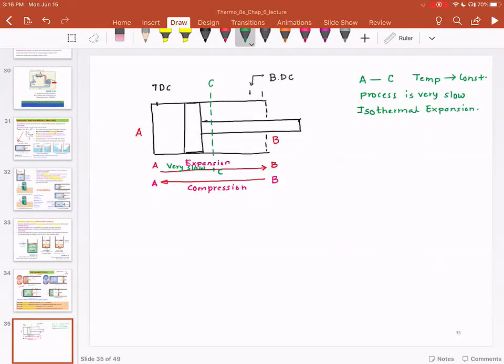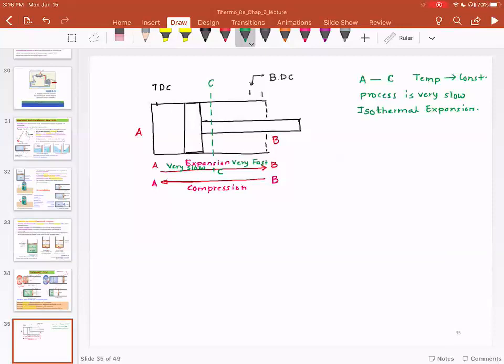Now, from point C to point B, the process takes place very fast. And this is a weak assumption, but still very fast.